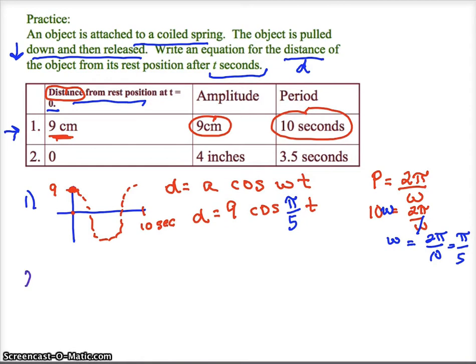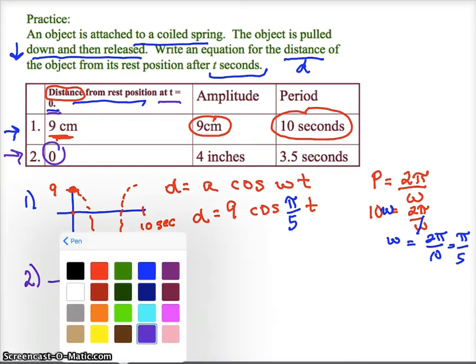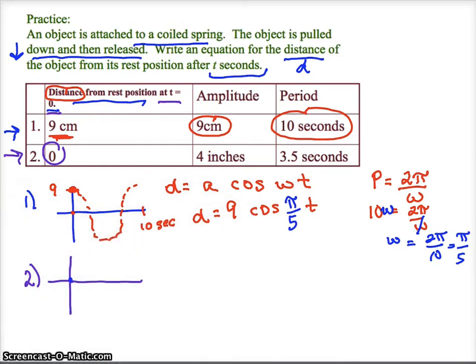Let's take a look at example number 2. In example 2, we're told that our distance from rest position at time equals 0 is 0. So that lets me know that I am starting at 0 seconds. My vertical displacement is 0. It hasn't started from above or below, but at equilibrium. Remember, 0 is equilibrium.